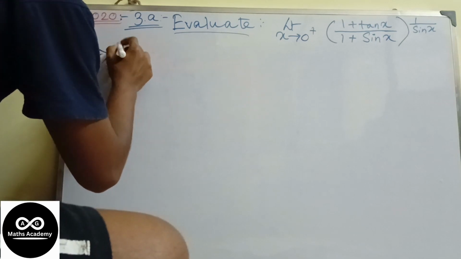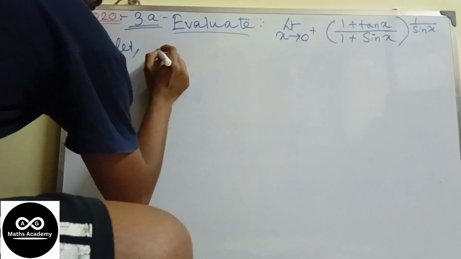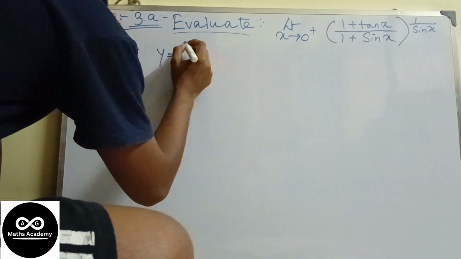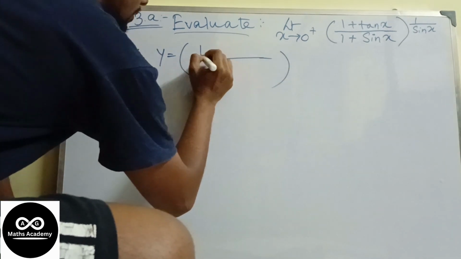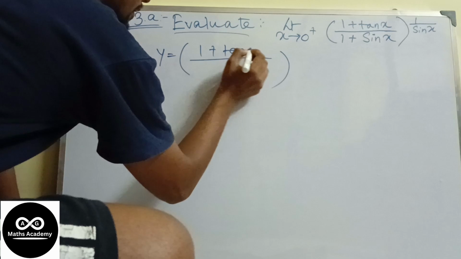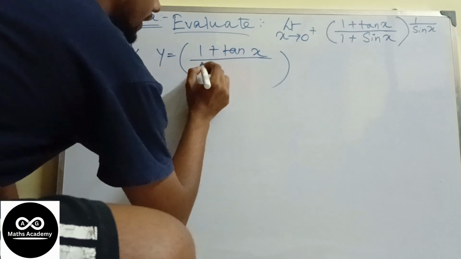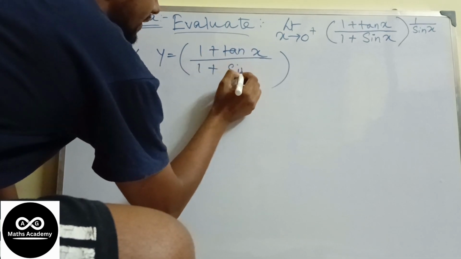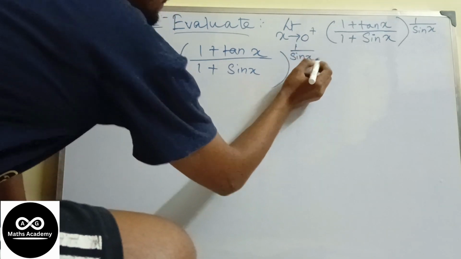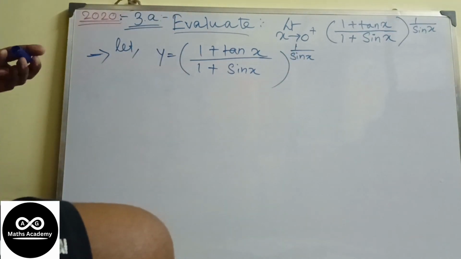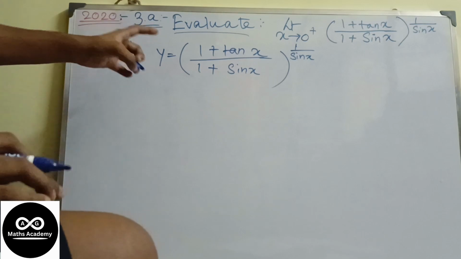So we're gonna take, let y is equal to (1 plus tan x) upon (1 plus sin x) whole power 1 by sin x. Okay, this is the key point here.